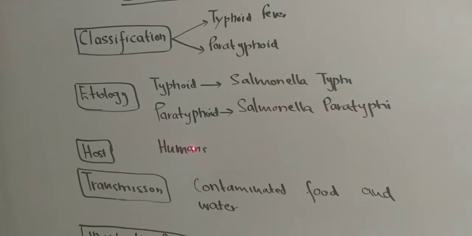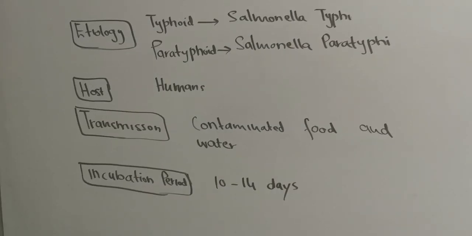Humans are the only host available to the organism, and its transmission is through contaminated food and water. Once the organism has spread to another person, the incubation period is between 10 to 14 days, and during these incubation days, the organism brings about certain changes within the body, which we are going to talk about in pathogenesis.